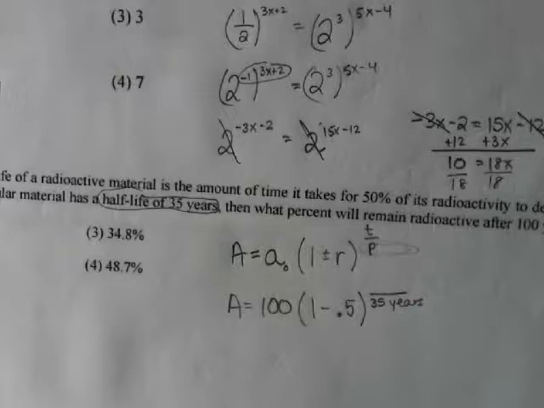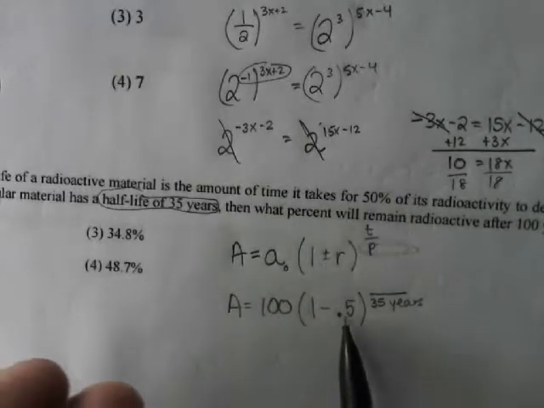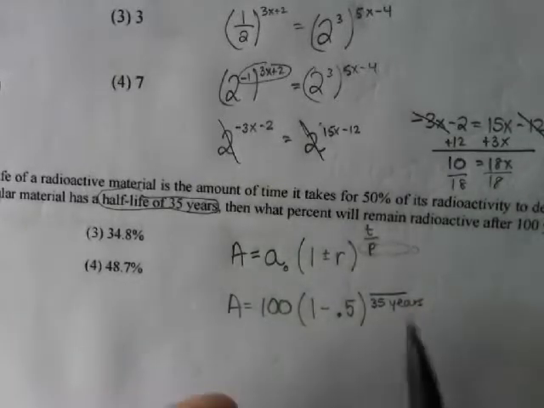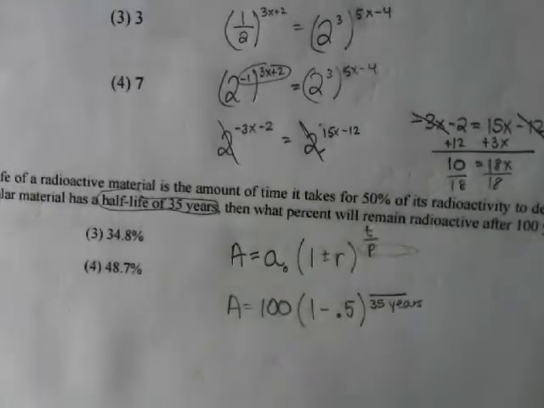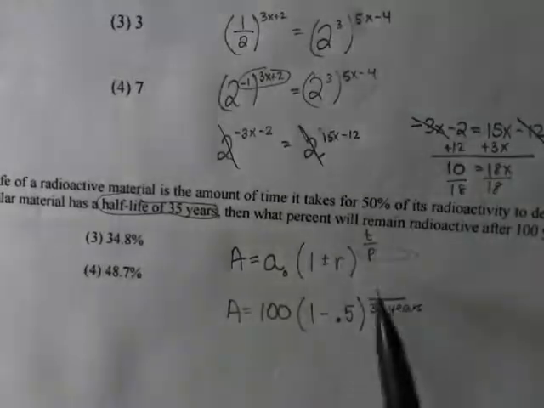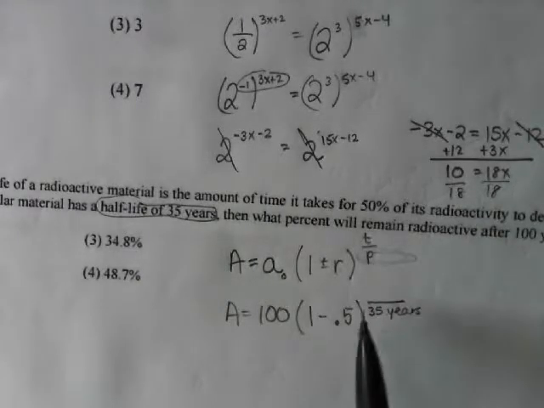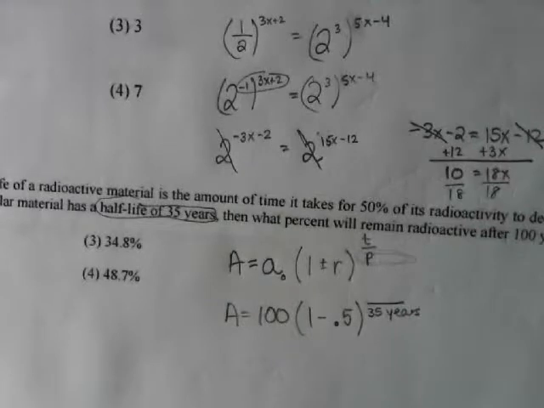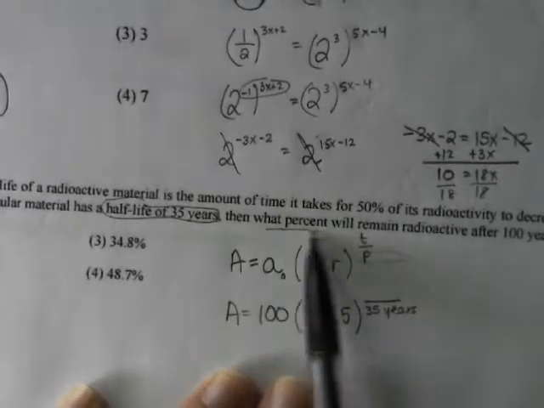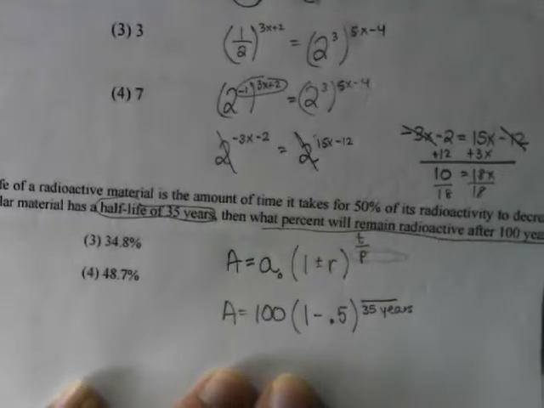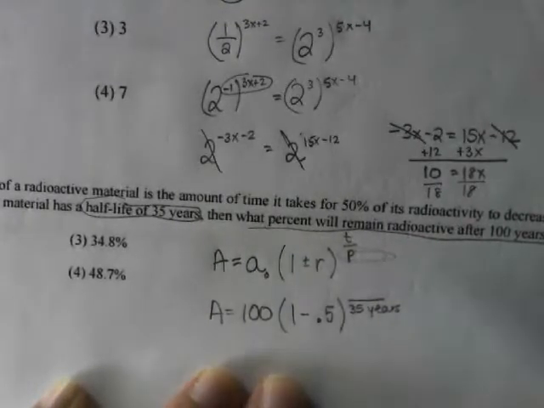So there are some instances where they'll tell you the yearly rate, like every 2 years, but yet they'll want you to convert it to a 1 month rate. And you can't have a mixture of years and months. So in a case like that, one of the things would have to be transferred over. So if this numerator was in months, I might have to change 35 years to however many months that is. In this case, they are asking us what percent will remain radioactive after 100 years. So this case is all in years, so that's fine.